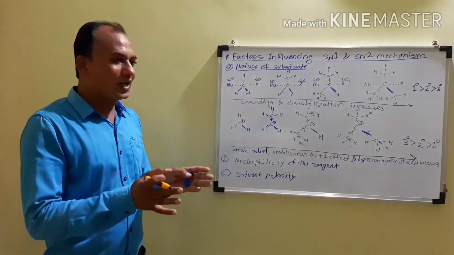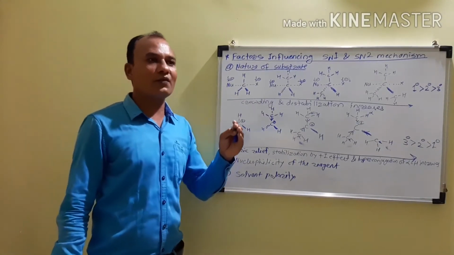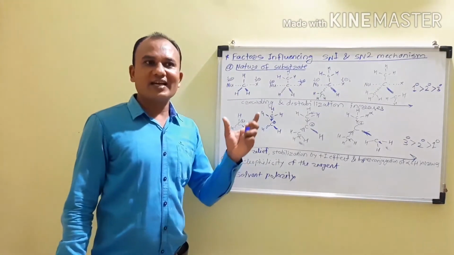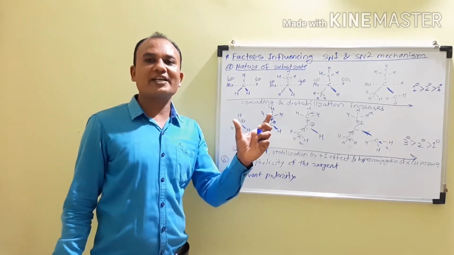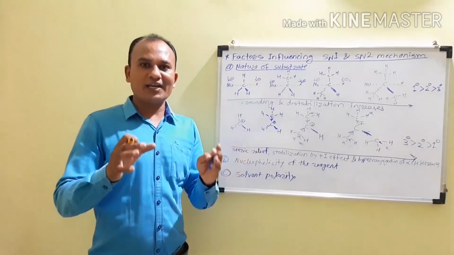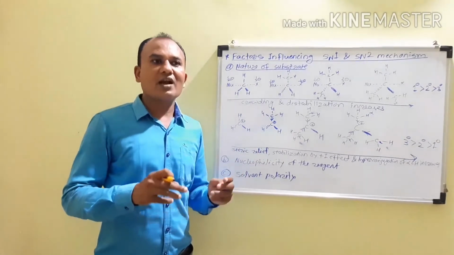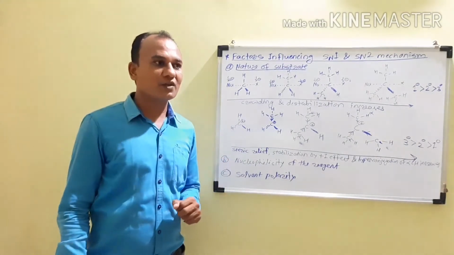So a stronger nucleophile favors the SN2 mechanism, because in the SN2 mechanism bond formation and bond breaking take place simultaneously, and therefore if the nucleophile is stronger, it attacks the substrate faster and gives the SN2 mechanism.